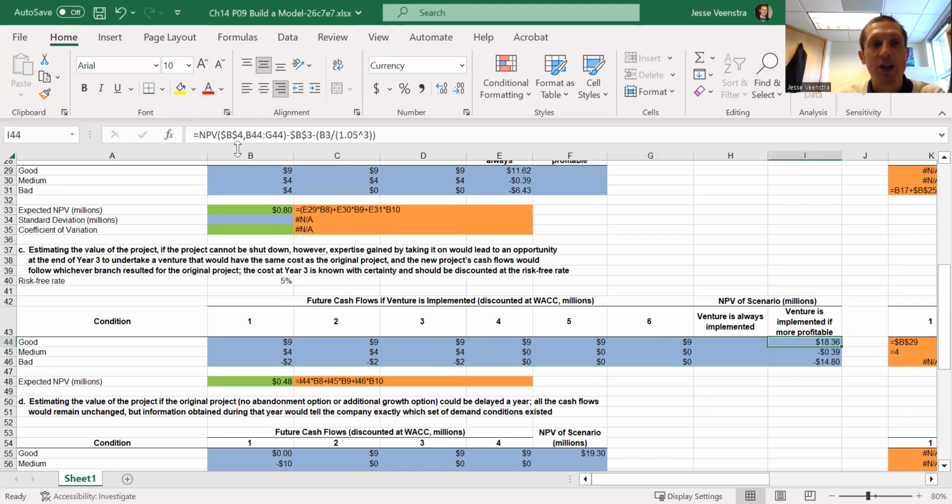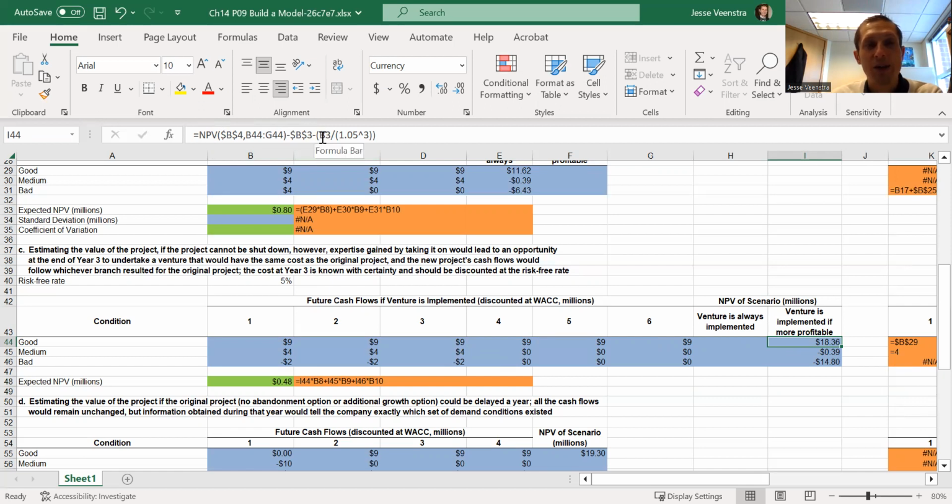So if I click over here, I have my net present value calculations and minus our initial investment, and then minus the present value of that reinvestment in year 3.